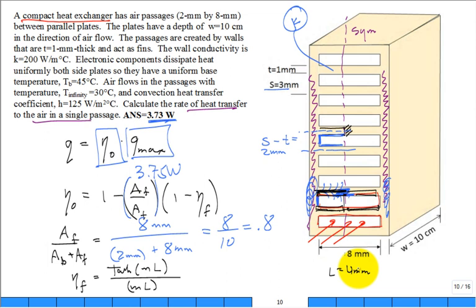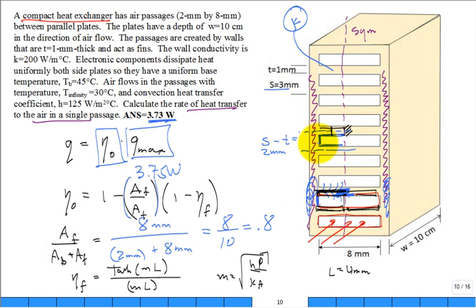But what about m? Well, I got to do a little work. m is equal to the square root of h times P divided by k times A. Again, it's my fin parameter. What is my P? You go up t, back w, down t, and over back w.